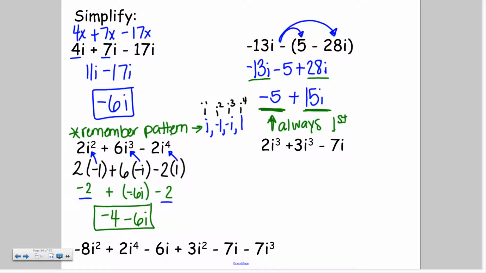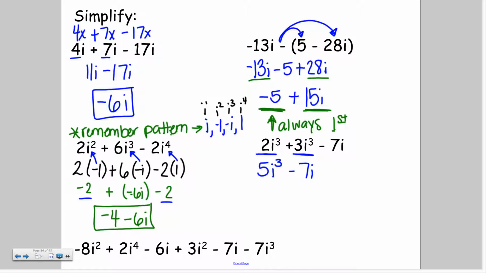All right. So then, if we look at the next one, we have like terms that we can combine. They become 5i cubed. We just add the front. Because they're not being multiplied or nothing, we keep the variable and the exponent that is there. Then minus 7i.